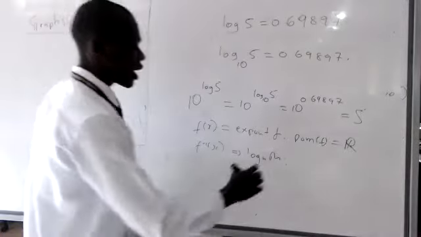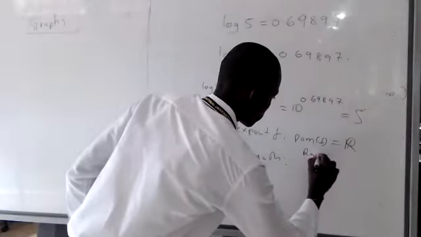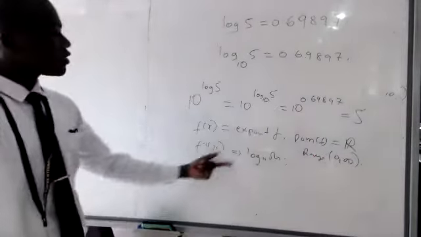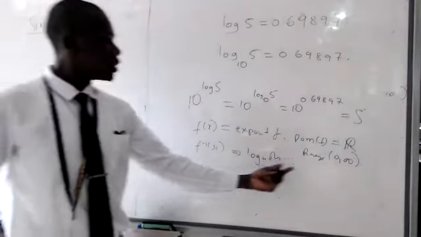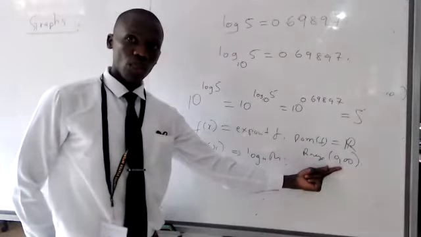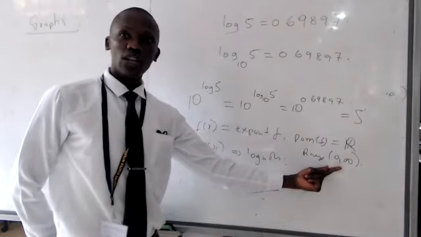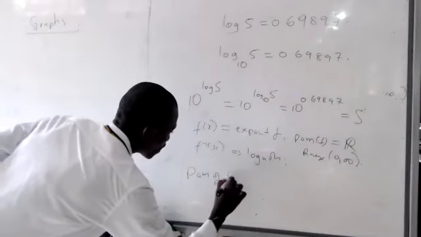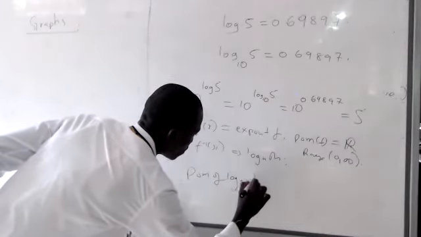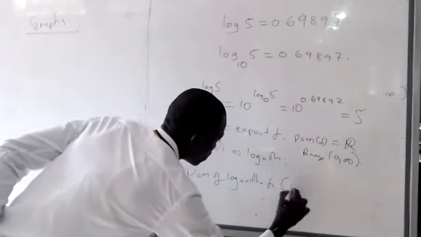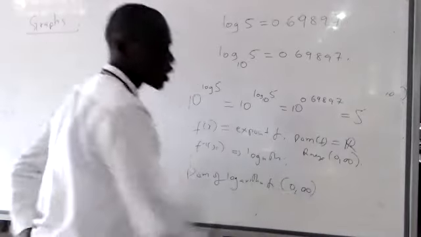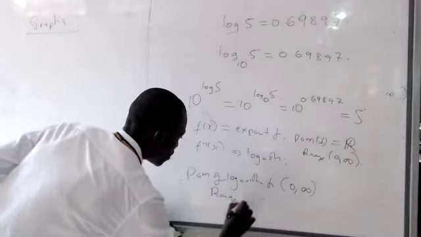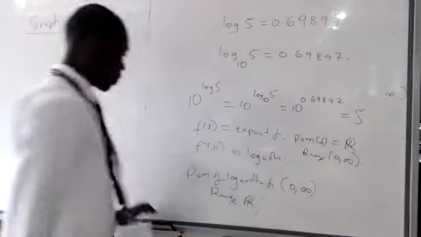And the range is just the positive half line. Because these functions are inverses, the range of the exponential function will be the domain of the logarithmic function. So the domain of logarithmic functions is from 0 to infinity, with 0 and infinity not included, and the range is the whole real line.